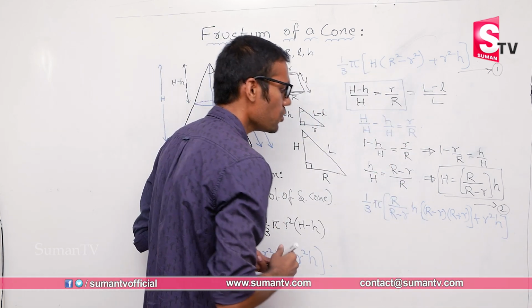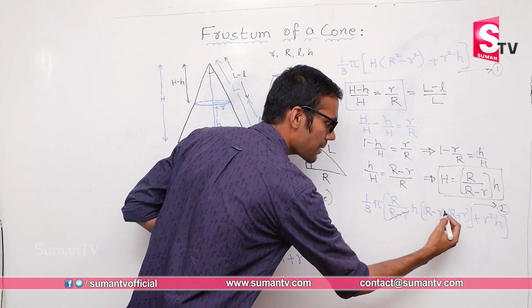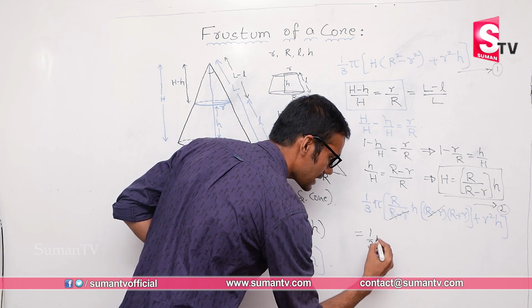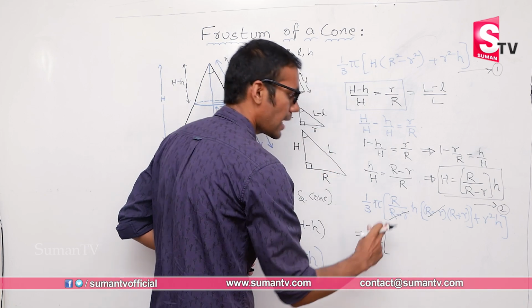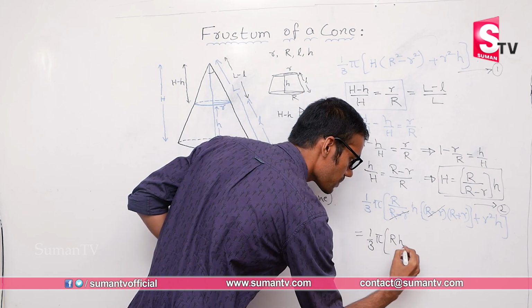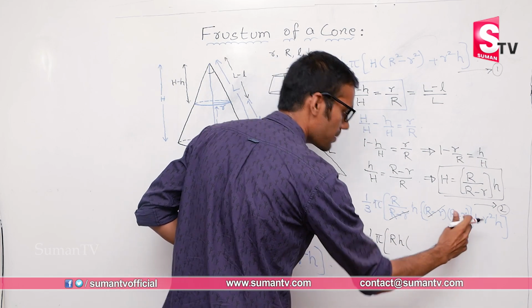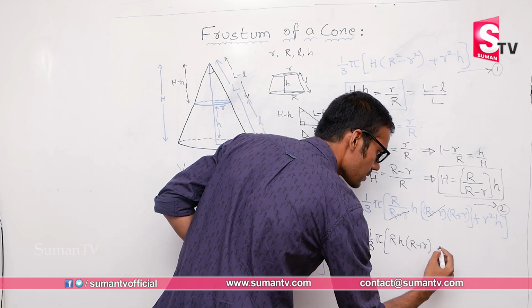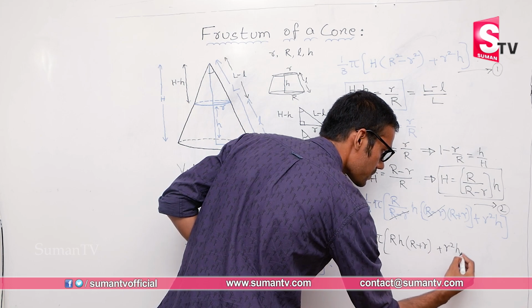Now I can cancel out capital R minus small r and capital R minus small r. So finally I'll be getting the volume of the frustum as 1 by 3 pi and capital R into small h, capital R into small h into capital R plus small r plus small r square h.